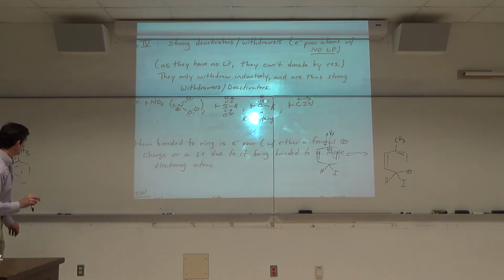What type of groups? When we see these types of groups, for example, a nitro group is one type. If you draw your nitro, and you know your Lewis structure, first off, does that atom have a lone pair? No. So it's not group 1.